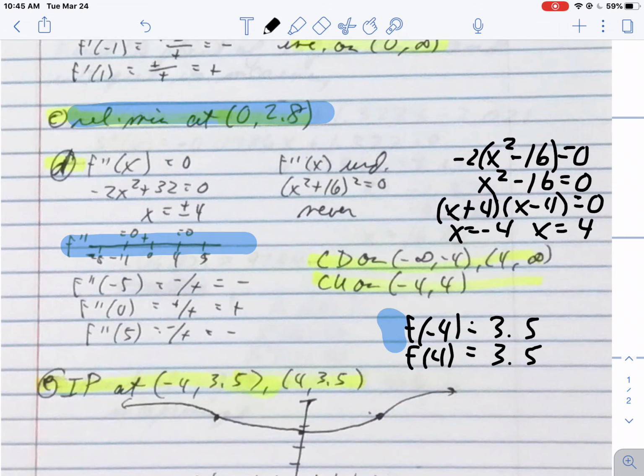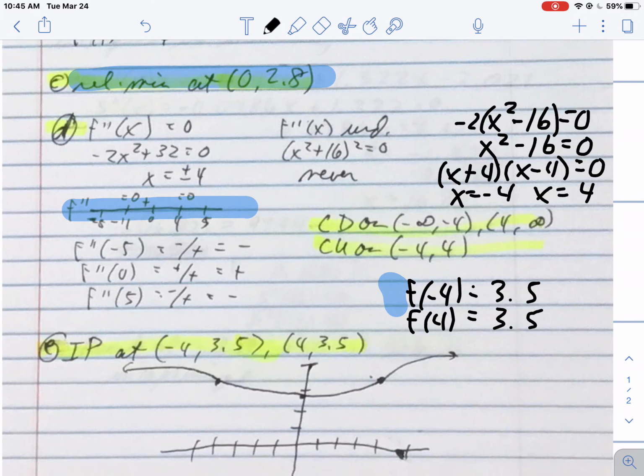Okay. And then there's just a rough sketch of what the graph of that function would look like. We said at -4, we changed concavity. At 4, we changed concavity. We also said we were decreasing on the interval from -infinity to 0.